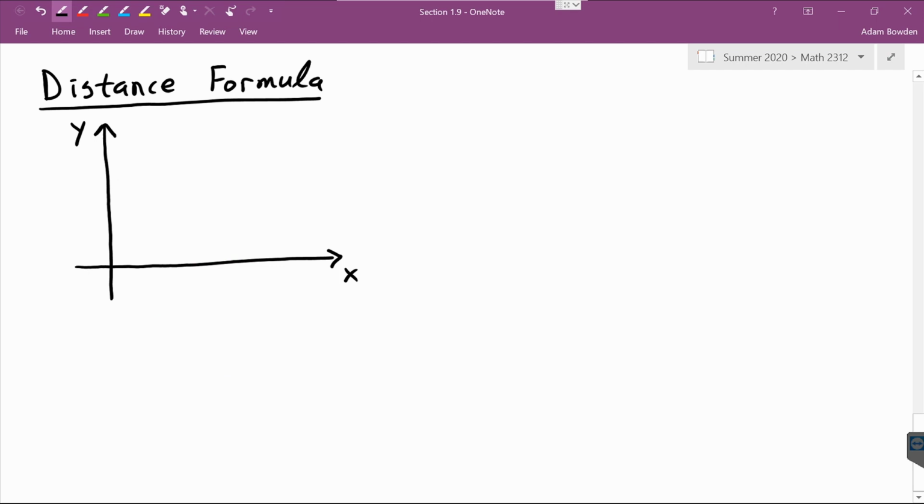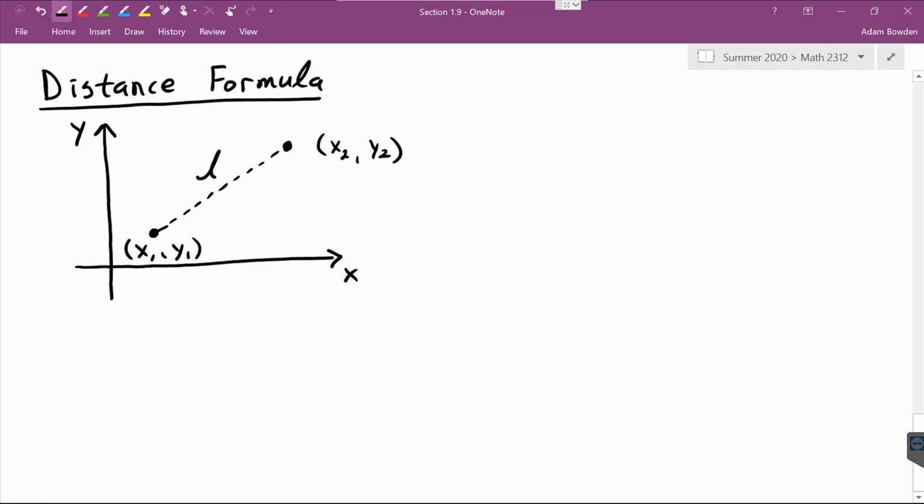Now next we'll discuss something called the distance formula, which again is directly related to our xy coordinates. And so for the distance formula, let's say we have 2 points here in the xy plane. We'll label them x1, y1, and x2, y2. What the distance formula is going to tell us is how far it is between these 2 points on a straight line. So the straight line distance between the 2 points.